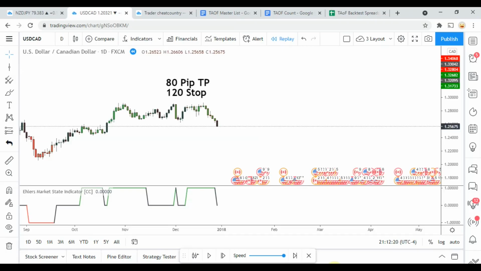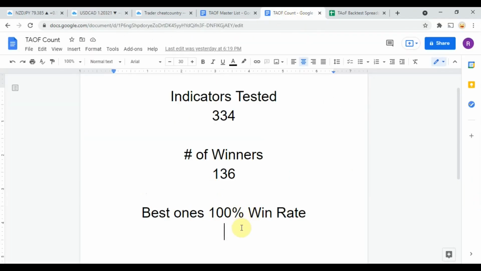Alright, as I said, today we will be testing Ehlers Market State Indicator. Before we do though, I wanted to put the indicator scoreboard up for everyone to see. To date we have tested 334 indicators, and out of those, 136 have been winners, which means they have met or exceeded the 60% win-loss ratio threshold that we have set. The best ones so far were able to achieve a 100% win rate.